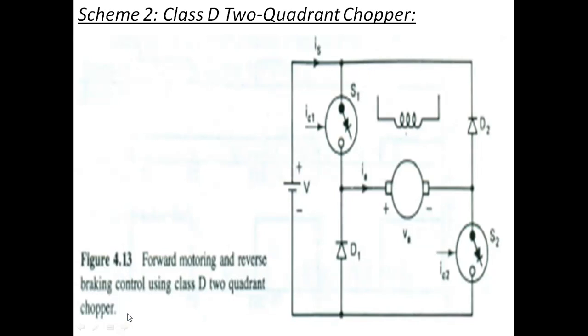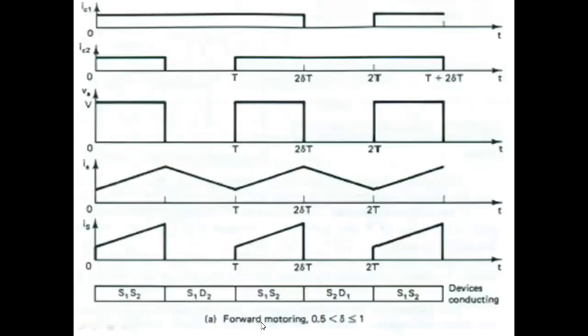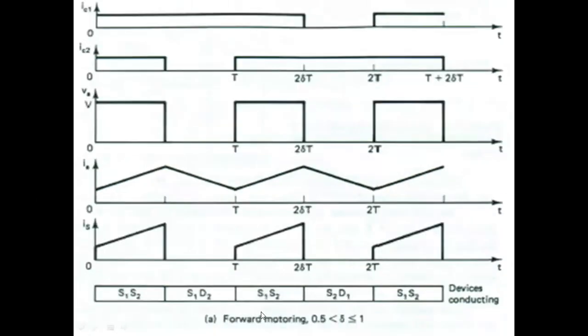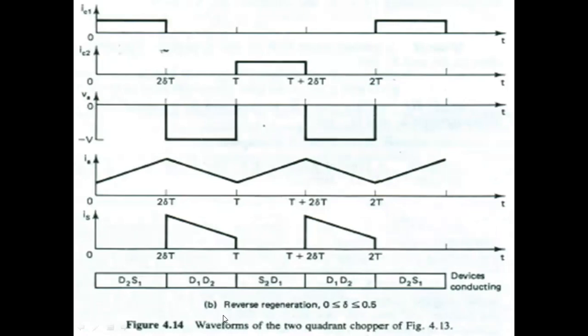Let us discuss these schemes. The control signals and the waveforms for this figure are shown in the next figure. See here, these are the control signals. Figure A is for forward motoring and figure B is for regenerative braking.